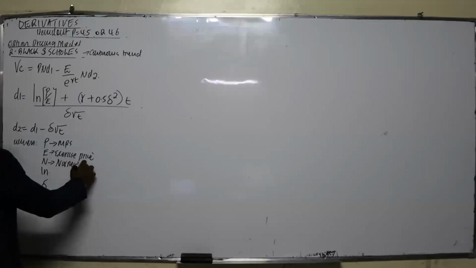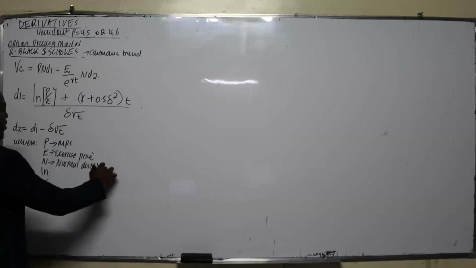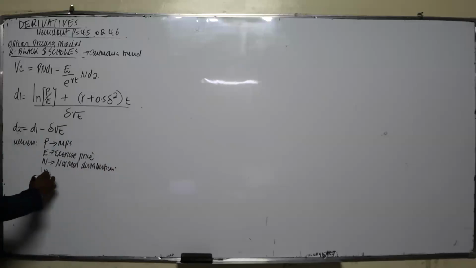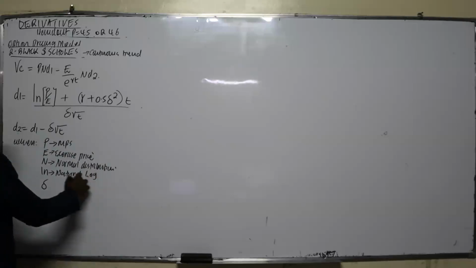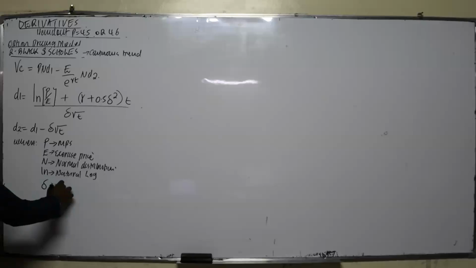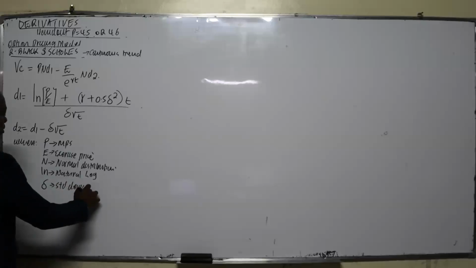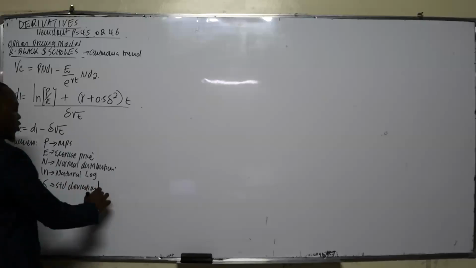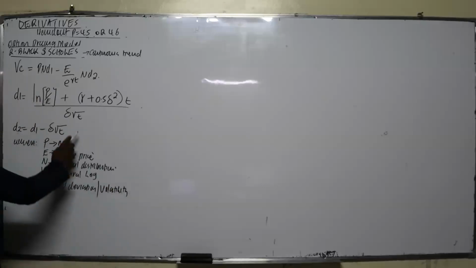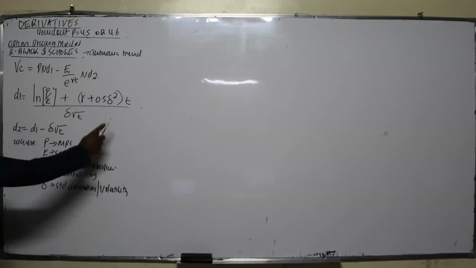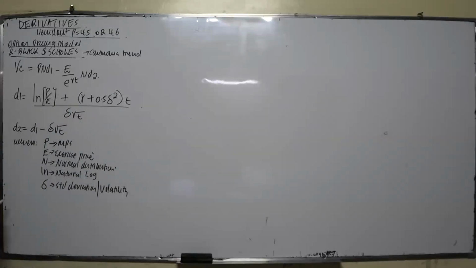So this is a normal distribution. ln is what we call the natural log. This is the standard deviation, also known as volatility. You already know t is time to maturity in years. r is the risk-free rate, e is the exponential constant. Good.